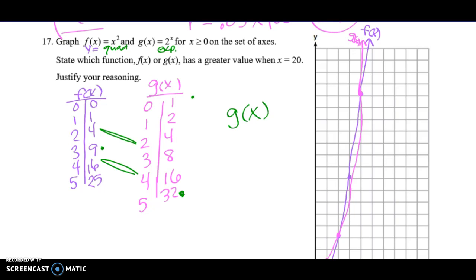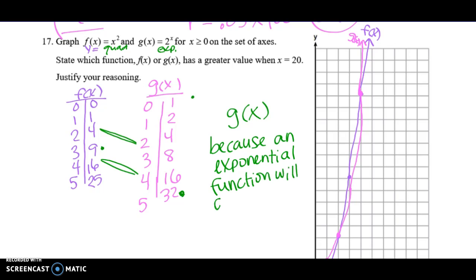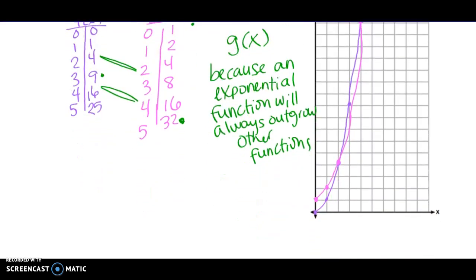You can describe it off your graph, or you can explain that an exponential function will always outgrow other functions. That takes care of this question.